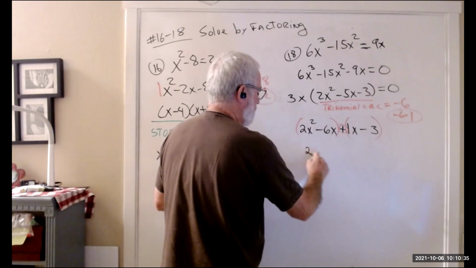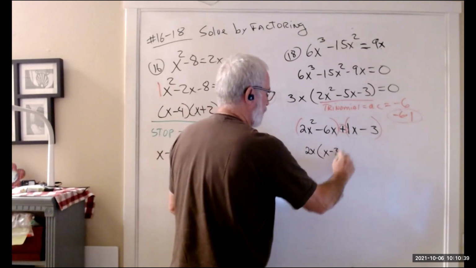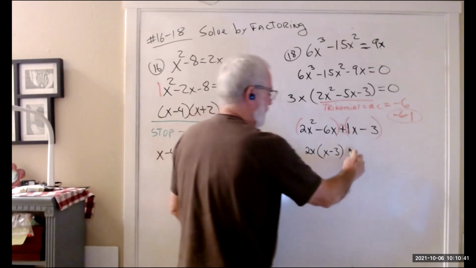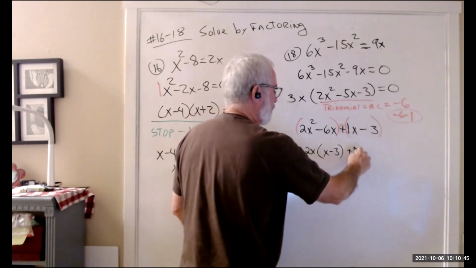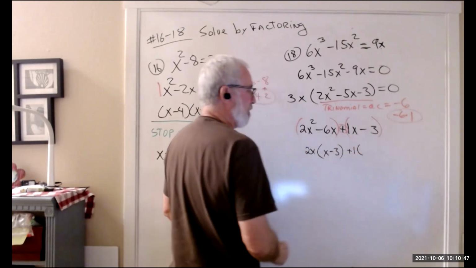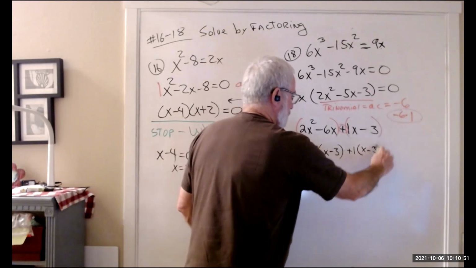We took a 2x out of here, leaving x minus 3, plus, we can't take anything out of there, so we've said repeatedly you take a 1 out, also leaving x minus 3.